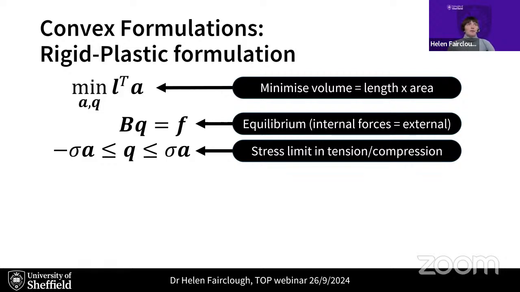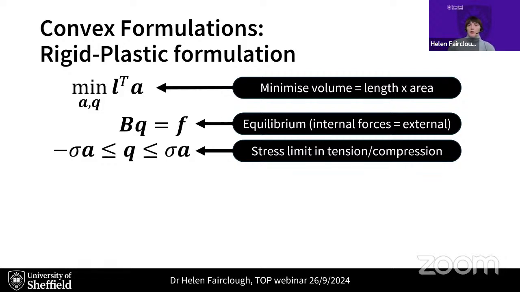We have a matrix here called B that resolves those axial forces into horizontal and vertical components, and out of plane components if it's a 3D problem. And we say that needs to balance our external applied forces. And we have some stress limits in tension and compression that say our areas have to be large enough that we've not got stresses that are too big.